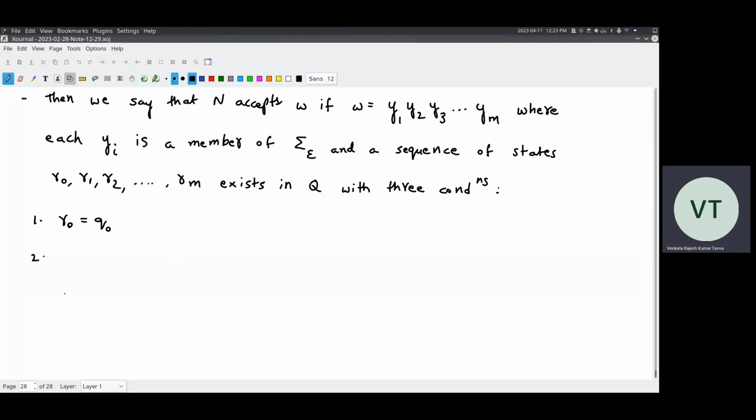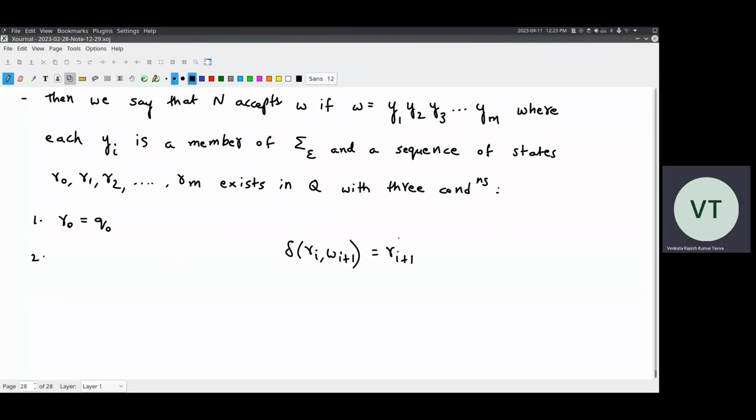Now the second one. Any guesses? What was the second one in DFA computation? Delta of Ri comma omega i plus 1 is Ri plus 1.